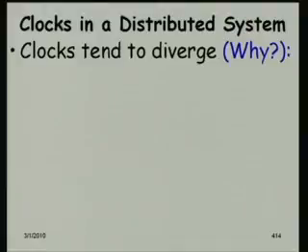Now the clocks in a distributed system, they tend to diverge. It said that there are clocks across different nodes and they tend to diverge. Why do they diverge? Anybody has an idea? Because of environmental conditions like temperature, pressure. Sorry, error in the clock. I mean, what do you mean by error in the clock?